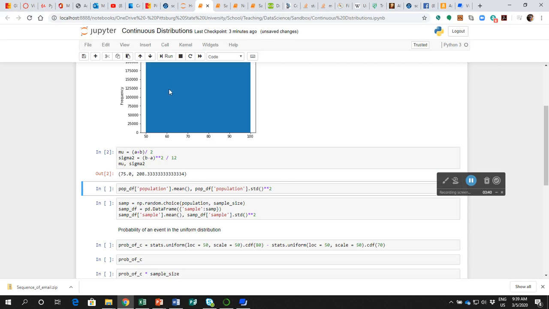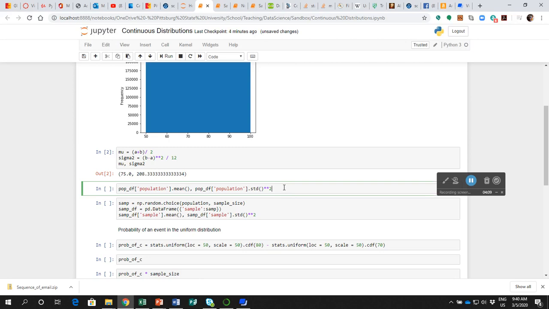And so for this population, my mean is exactly this from our calculation for the uniform distribution, and our variance is exactly this.